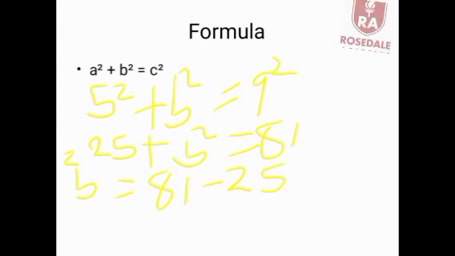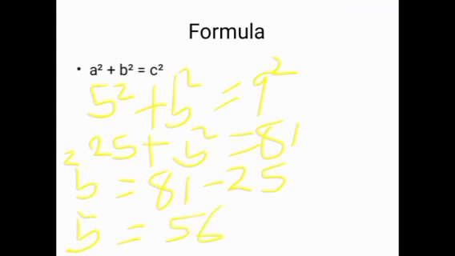Eventually, 81 minus 25 is going to be 56. So b square is going to give us 56, and this is not the final answer.